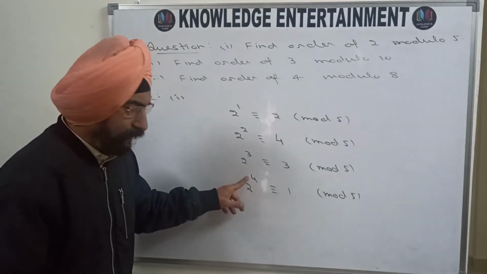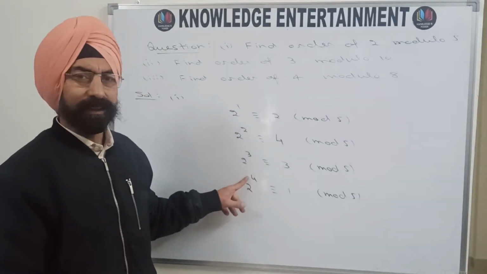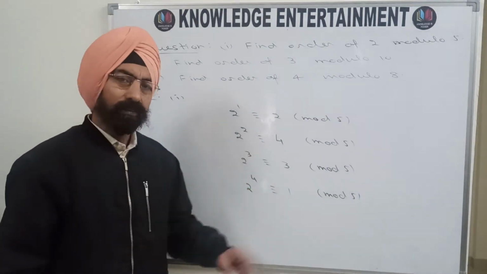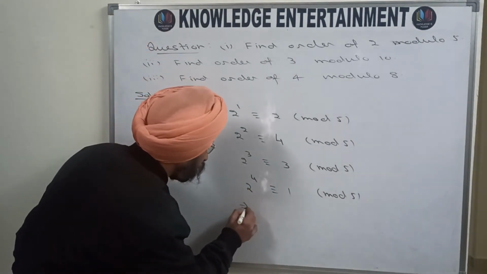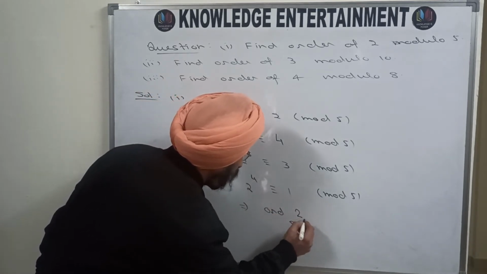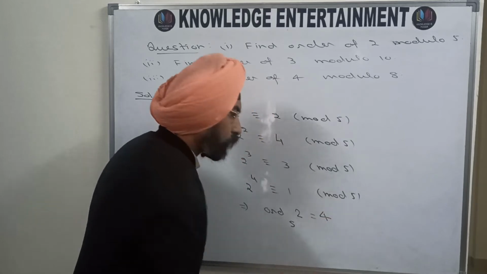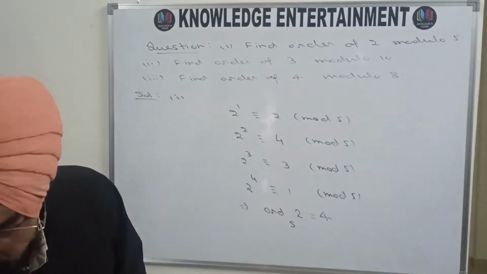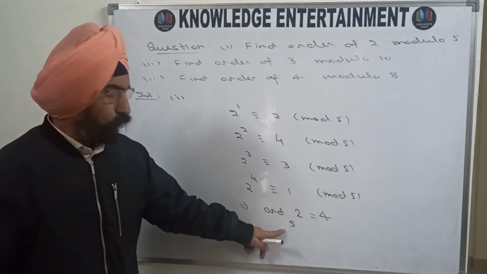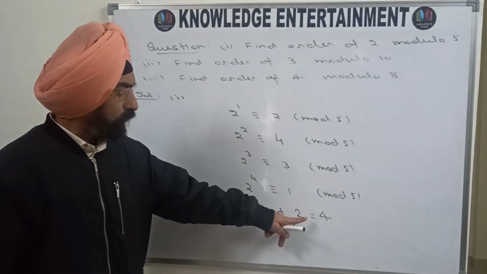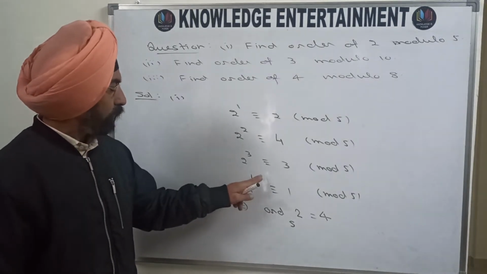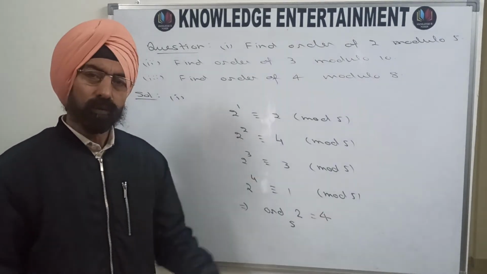So 4 is the smallest integer such that 2 raised to the power 4 is congruent to 1 modulo 5, and it gives you that order of 2 modulo 5 is equal to 4. So order of 2 modulo 5 is equal to 4 because 4 is the smallest positive integer satisfying this condition, 2 raised to the power 4 congruent to 1 modulo 5.